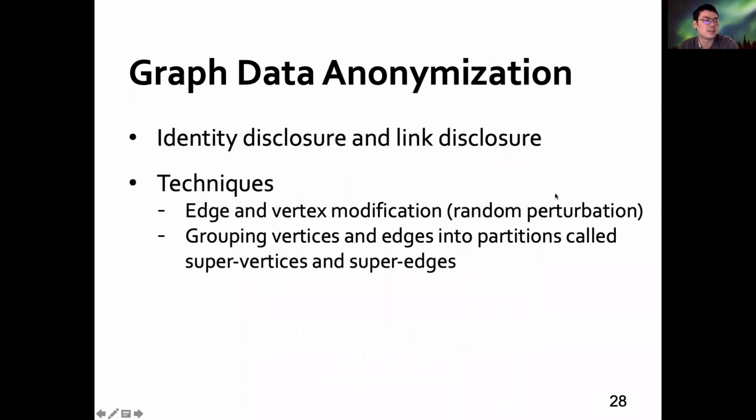In that way, you protect Dan's identity. This is like k-anonymity. So how do you do the modification? You modify edges and vertices to certify, for example, k-anonymity, but you want to do as small a modification as possible. If you change the graph totally, then it's useless, so what you mine is not actually meaningful. Let's say you have 100 friends and I change 2 or 3 friend links.